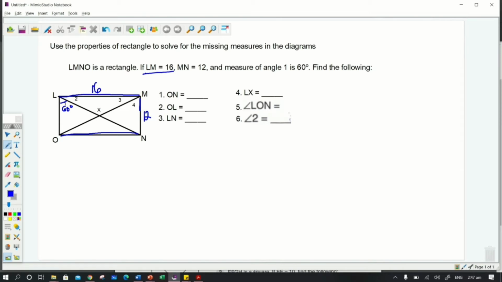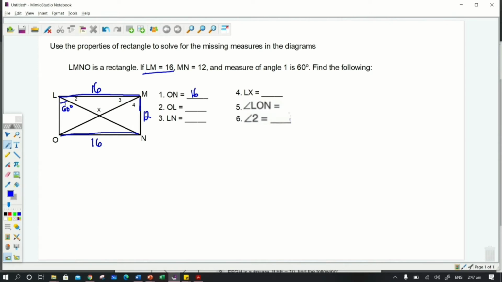So if LM is equal to 16, ibig sabihin si ON also measures 16. By applying the property of rectangle, opposite sides are congruent. So this is 16.